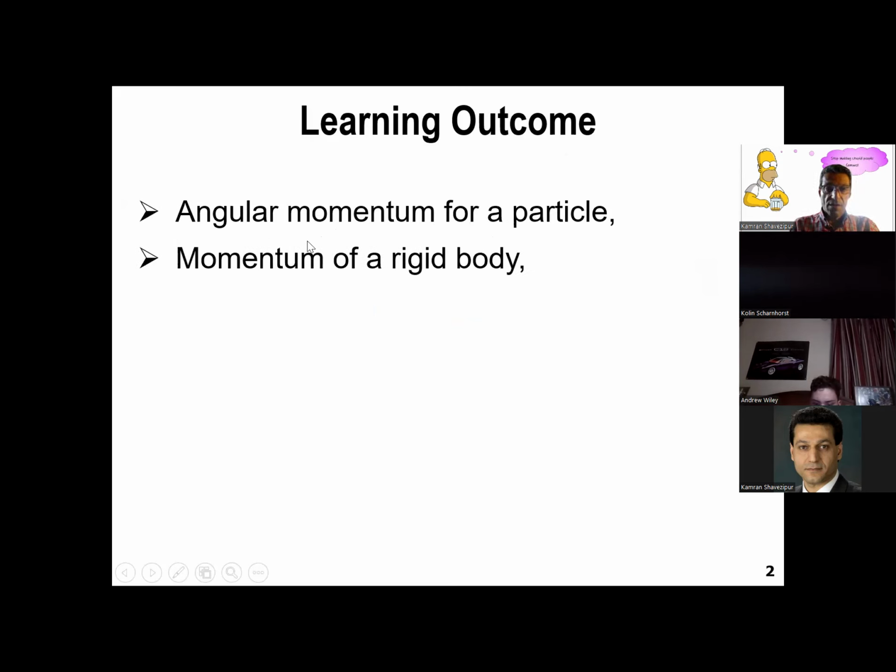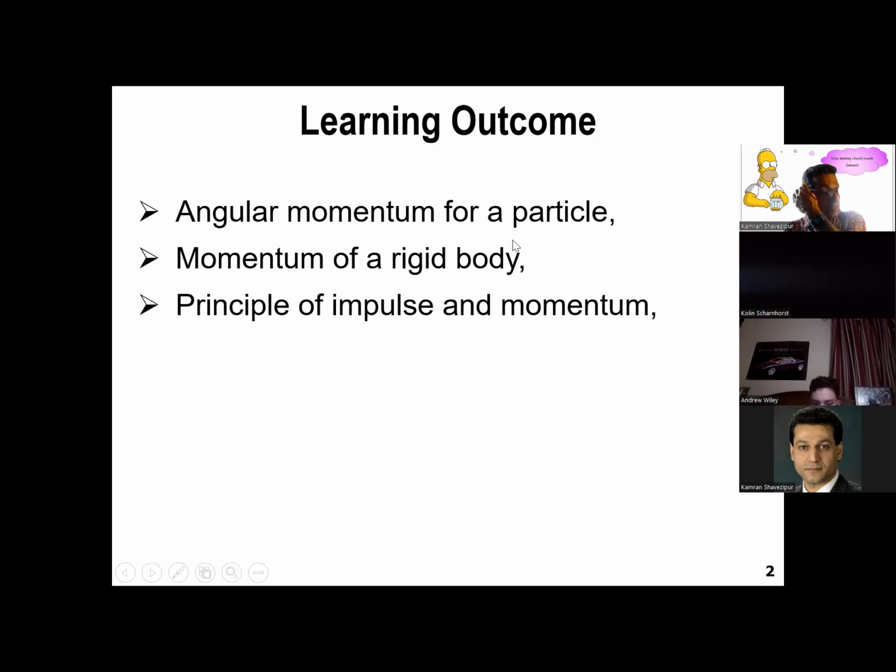Then we talk about the momentum of a rigid body, which is going to be a momentum version of the equations you had for kinetic energy and moment in previous chapters. Then after we understand how momentum of a rigid body is determined, we're going to start the principle of impulse and momentum.